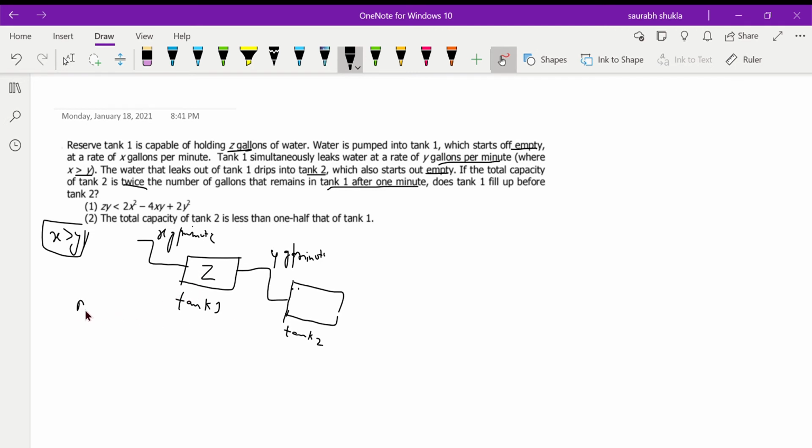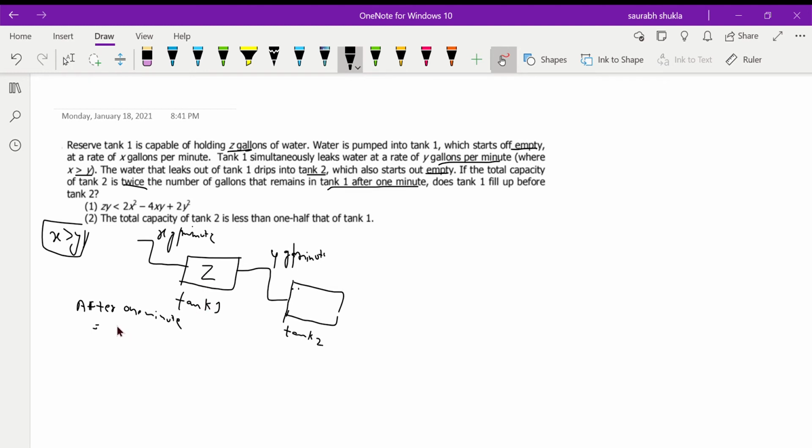So first of all, how many gallons will remain in tank 1 after 1 minute? The water is being filled at X gallons per minute and leaked at Y gallons per minute. So what do you think? How much water will remain in tank 1 after 1 minute?